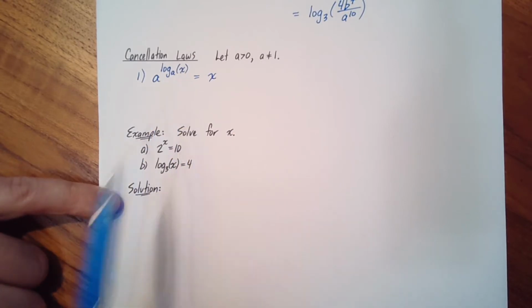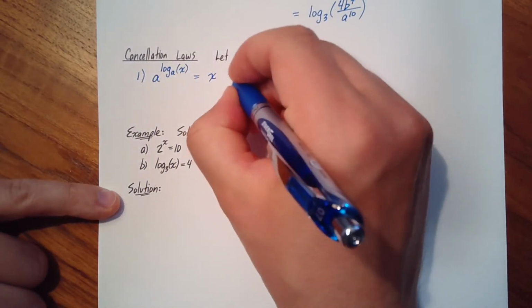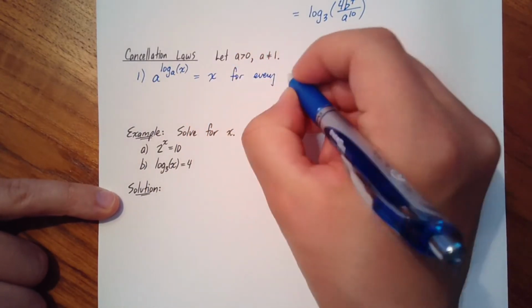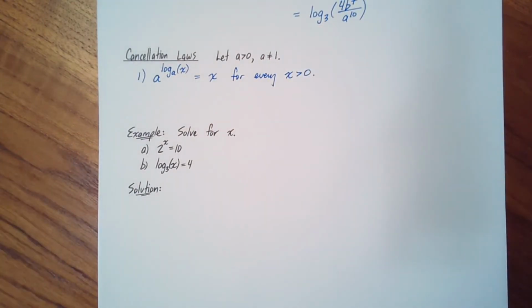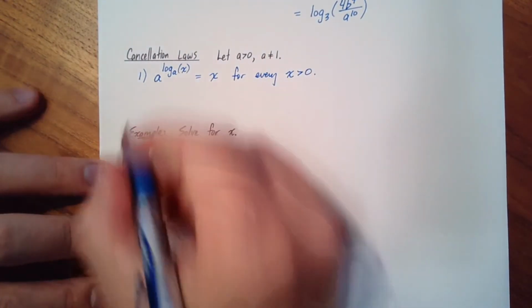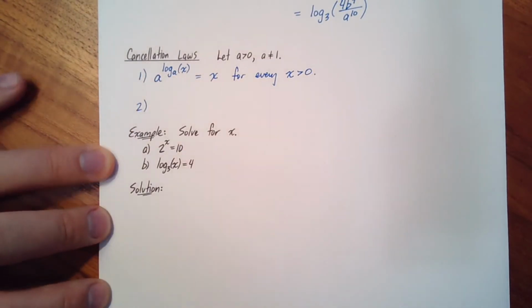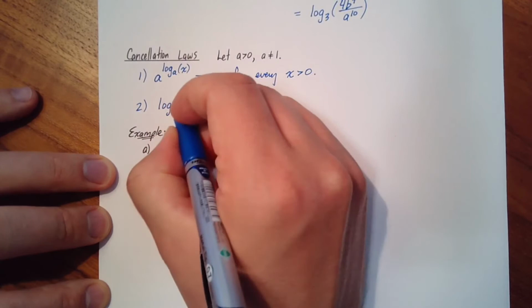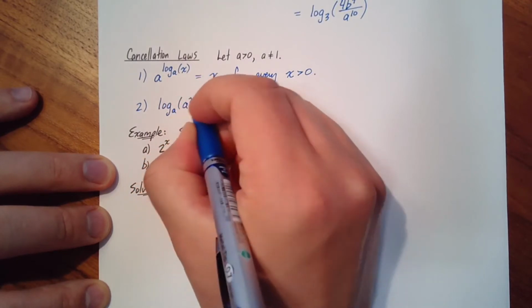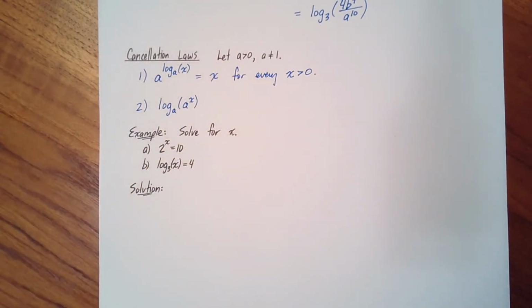So you can only plug a positive number into here. So let's say for every x greater than 0, just to be careful. Okay, and the other cancellation law says the following. If I take log base a and I plug in a to the power of x, what do I get?